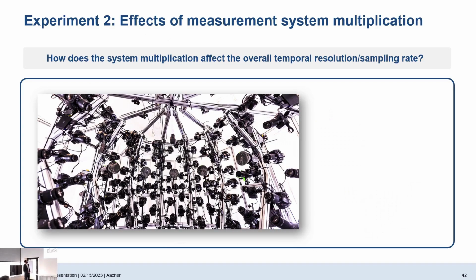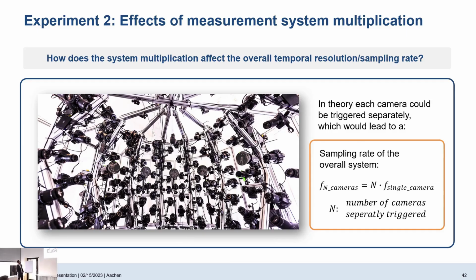So what happens exactly? The question I want to address is, how does the system multiplication affect the overall temporal resolution or sampling rate? It is kind of obvious that the acquisition rate will increase if I use multiple cameras, but what happens with the limiting factor like the sampling rate? If we look at this picture, we can say that in theory, each camera could be triggered separately.